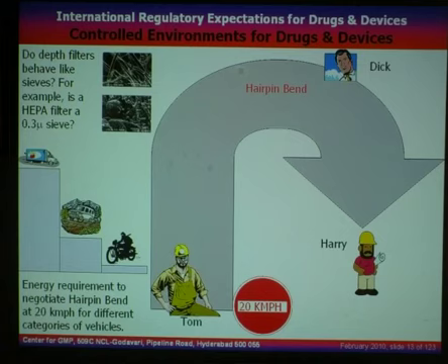Dick sees the two-wheeler successfully negotiating the bend, and Harry sees the two-wheeler passing by safely. But the SUV, which required this much energy, is now only given this much energy, finds it difficult to make the climb. And the truck certainly cannot make the climb.